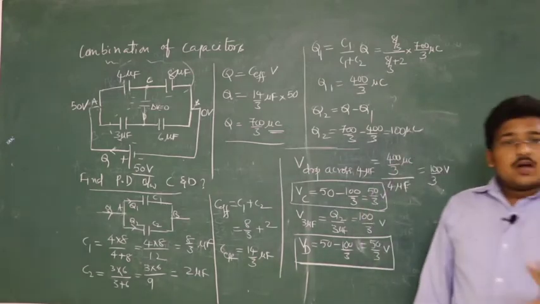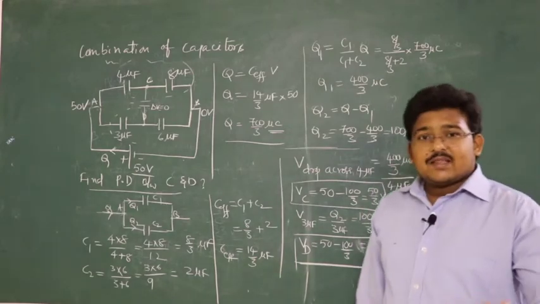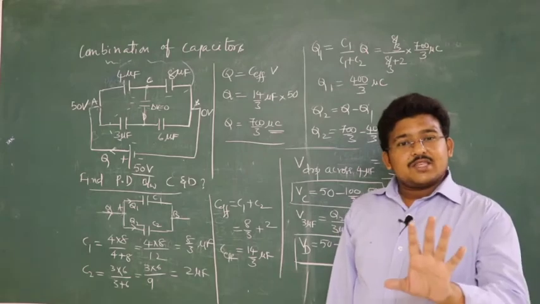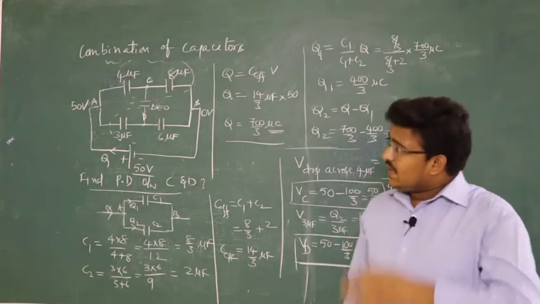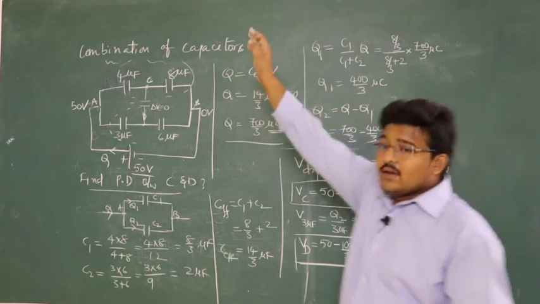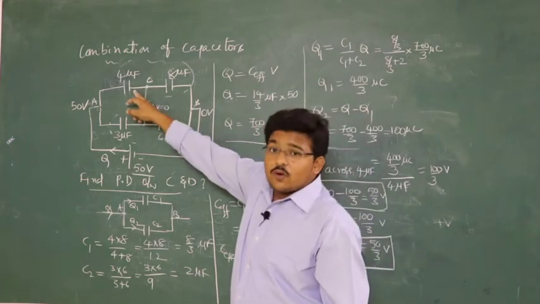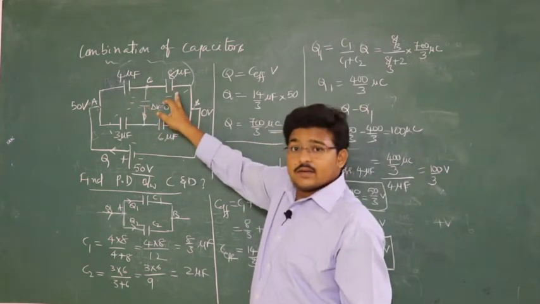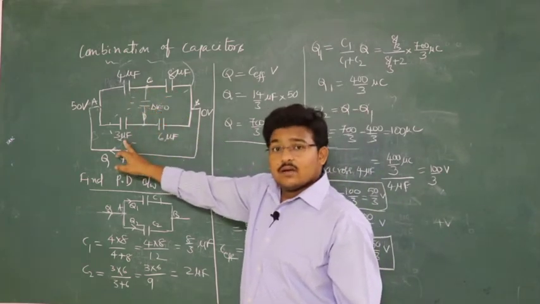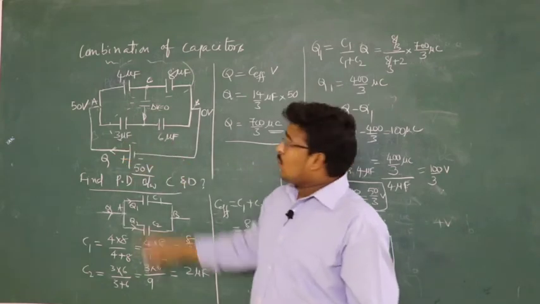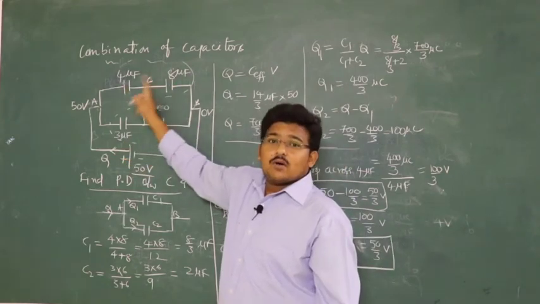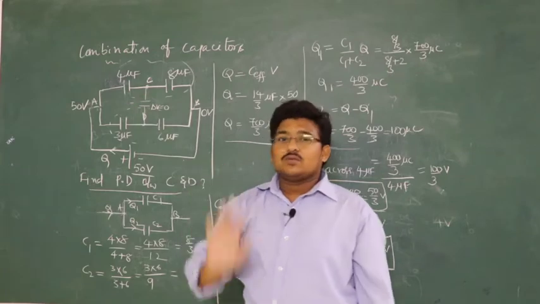Now I am not going to explain the next topic, but I will just give you a hint. See, this is 4, this is 8, this is 3, this is 6. What is the ratio of the above? 4:8 is 1:2.